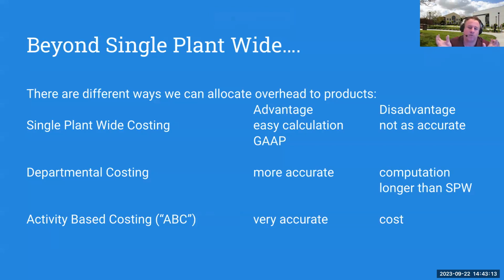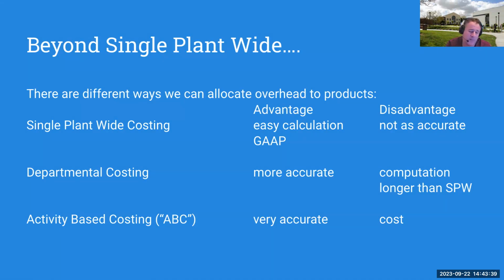Instead of using the entire amount of the factory overhead, we look at each of those departments individually and say, of the cost of those departments, how should we make the allocation? That's departmental. This is going to be more accurate than single plant-wide, but the computation may be a little bit more difficult.